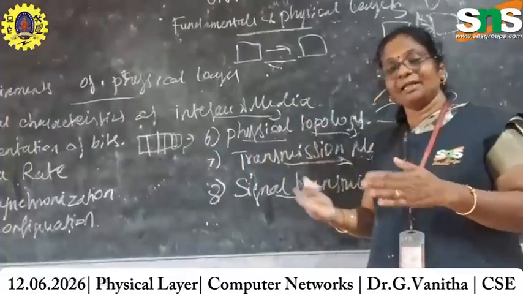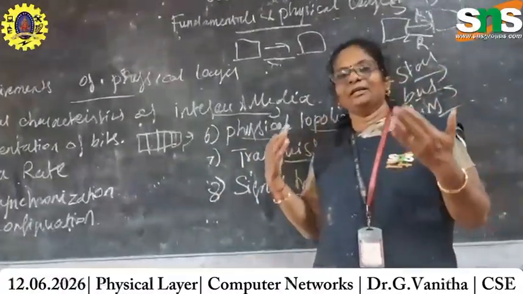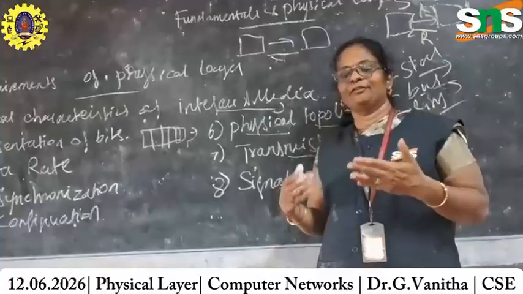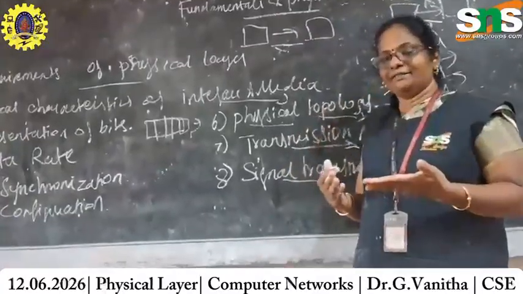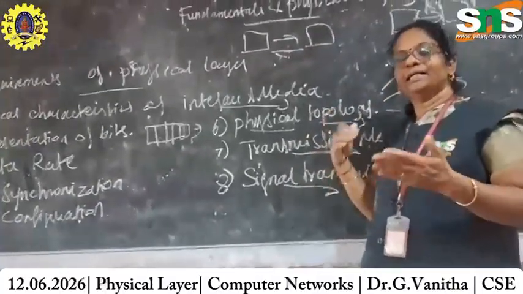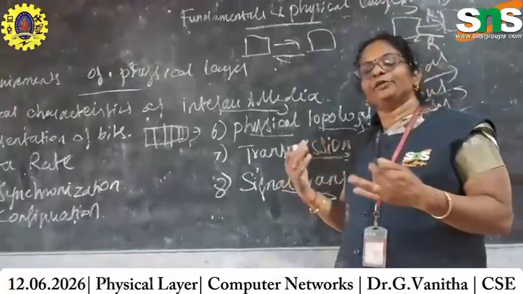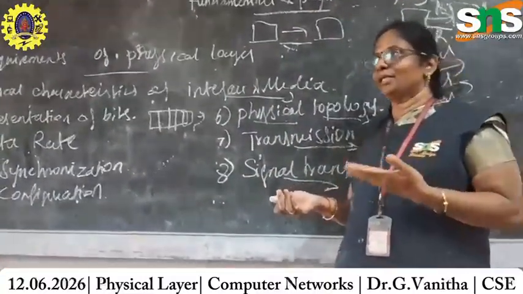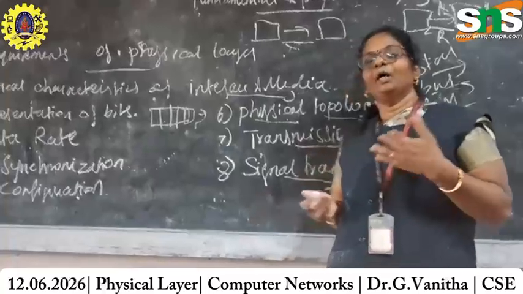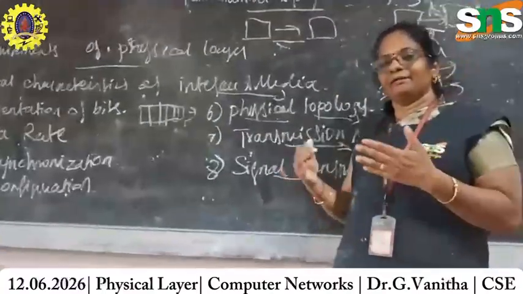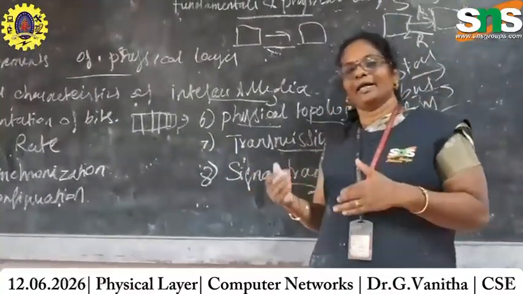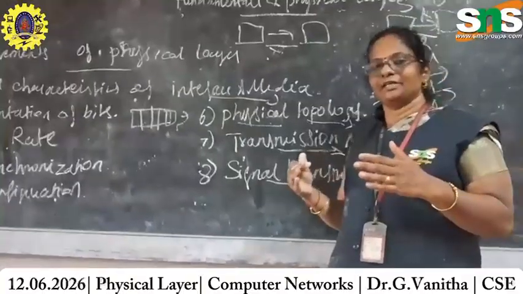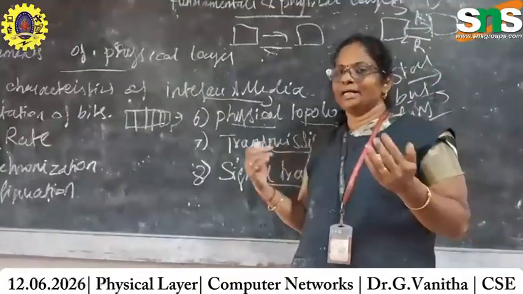After establishing, it checks the fundamental requirements. If the requirements are satisfied, then it transfers the data through the transmission medium from source to destination. The transmission medium is mostly wireless, meaning air, or it can be a cable. We can transfer the data as a signal from source to destination.